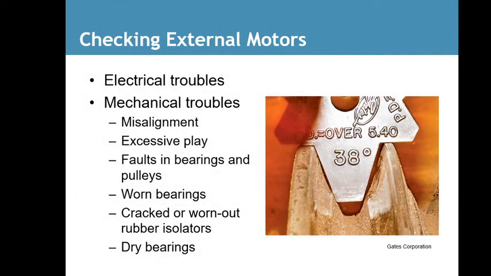Checking external motors. Electrical troubles, mechanical troubles including misalignments of belts and pulleys, excessive play, faults in bearings and pulleys, worn bearings, cracked or worn out rubber isolators, dry bearings. The pictures show a V-groove measuring tool.